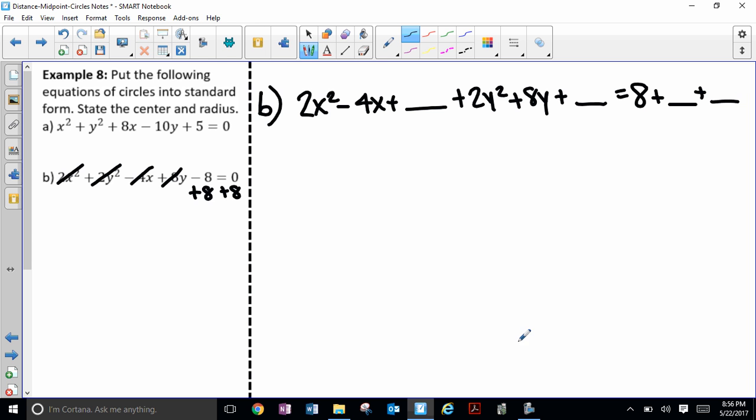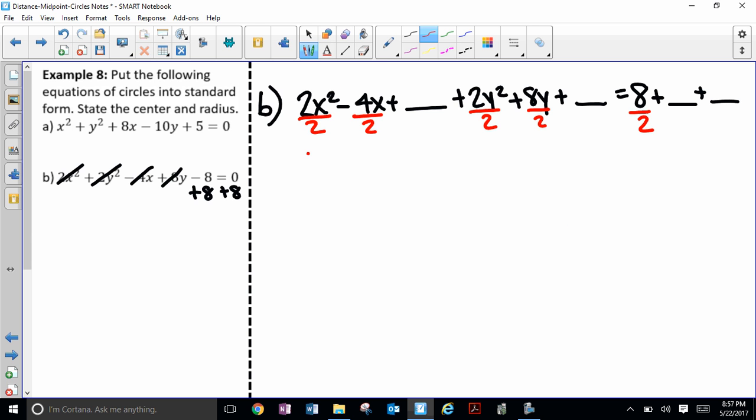All right, now part of the first step is to make sure that you have a 1x squared and a 1y squared. So then what we need to do is divide this 2 out of all of the terms that we have so far. You don't have to do it of the missing terms here, but you have to do it of all the terms that you already have.